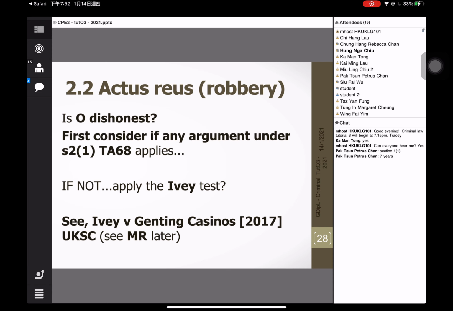So you wouldn't labour this point, you just say it was clearly that none of the paragraphs can be argued under Section 2, and in the absence of an argument under Section 2(1), (a), (b) or (c), then we have to apply the default common law test, and at the moment this would be Ivey and Genting Casinos.